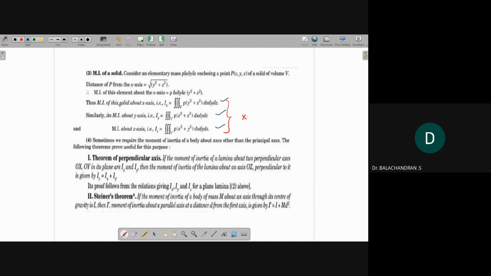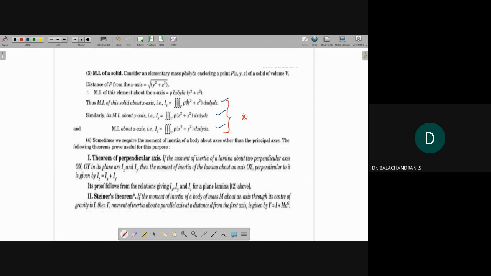Moment of inertia of a solid about x-axis is denoted by Ix, equal to triple integral over V rho into y square plus z square dx dy dz. I think you know that.